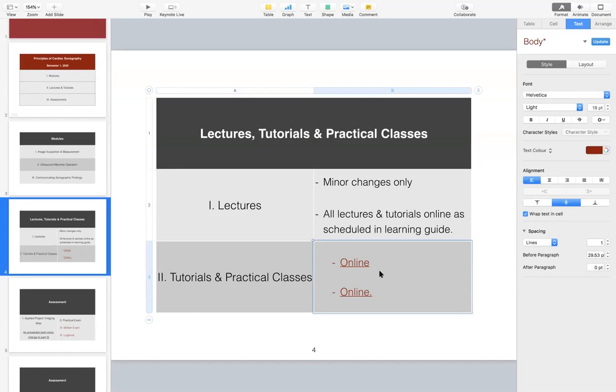Tutorials and practical classes. Well, we've had to have some of those via Zoom last time, wherein we discussed the cardiovascular system and anatomy and ECGs. So they were delivered online.